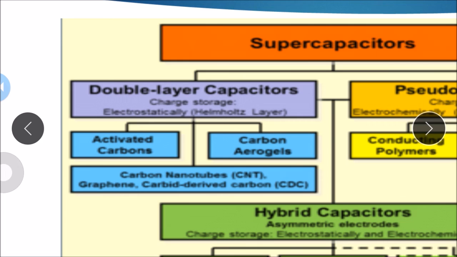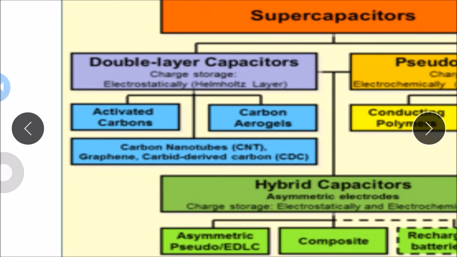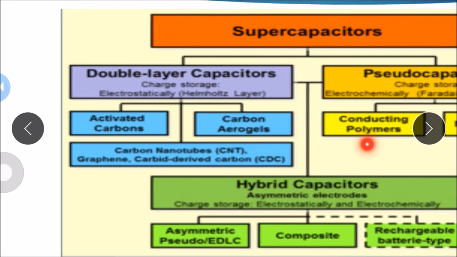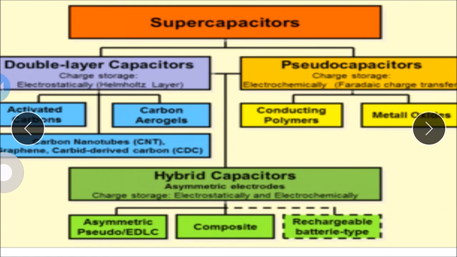They can be divided into activated carbons and carbon aerogels, and there may be carbon nanotubes, CNT, and other things. So in all these materials, the electrical double layer is used. In rechargeable batteries, pseudo EDLC, and asymmetric pseudo batteries, the electrical double layer concept is used.